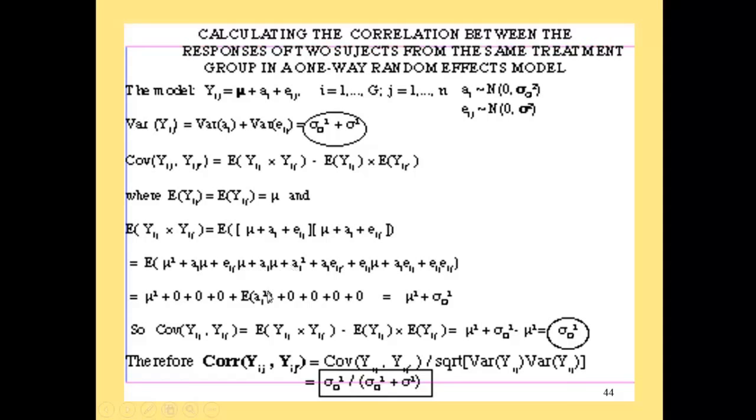Okay, the expected value of ai squared. We'll get back to that one in just a second. The expected value of ai times eij prime, that's going to be 0. All of these go to 0 when you take the expected value. So all you're left with is mu squared plus sigma naught squared.